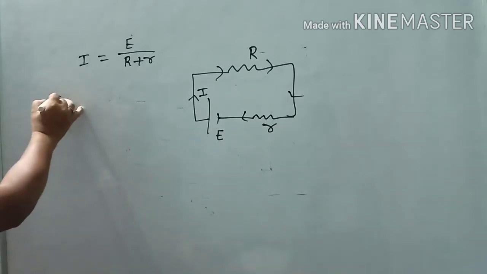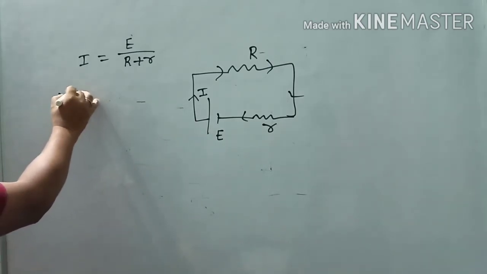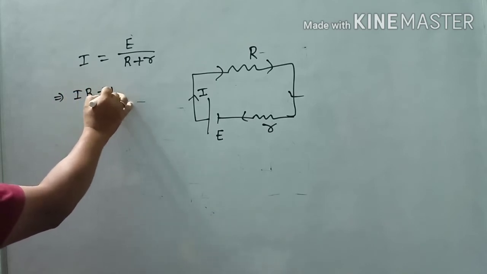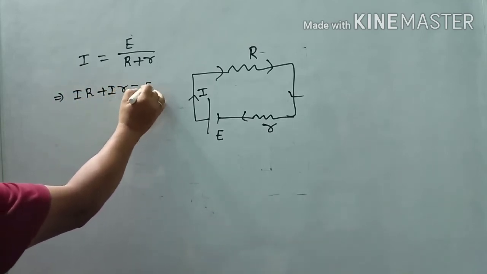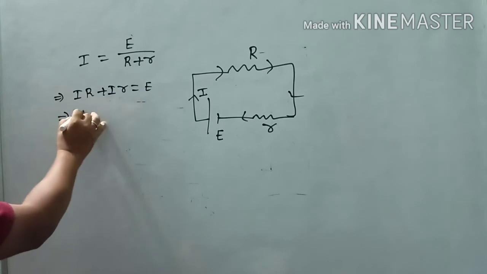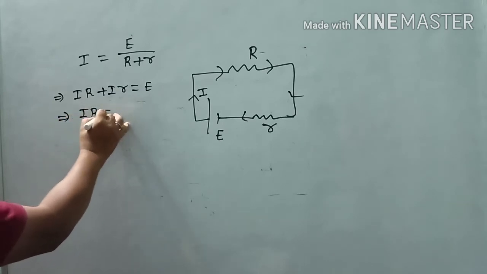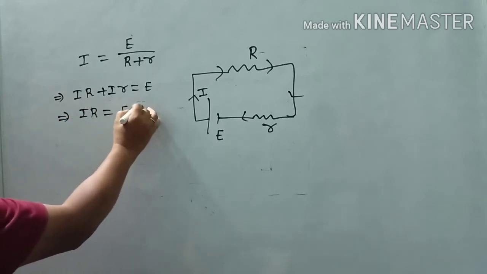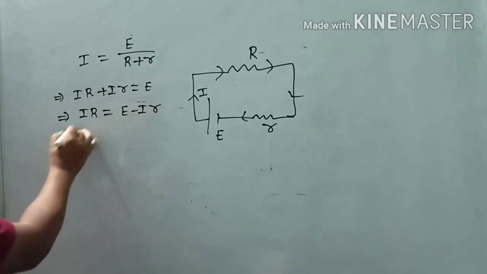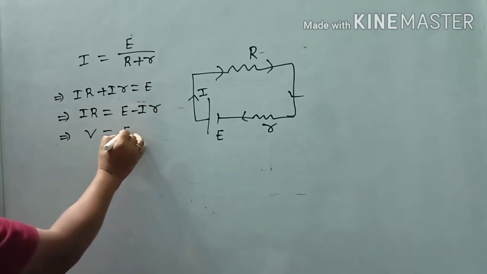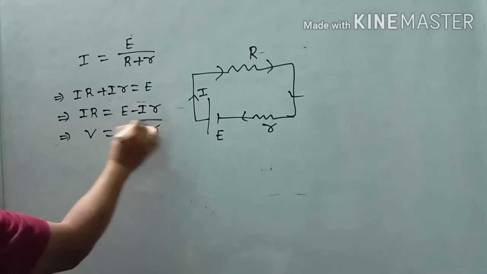And from this you can get, I mean IR plus Ir is equal to E, and that gives you IR is equal to E minus Ir, and this is nothing but V is equal to E minus Ir.